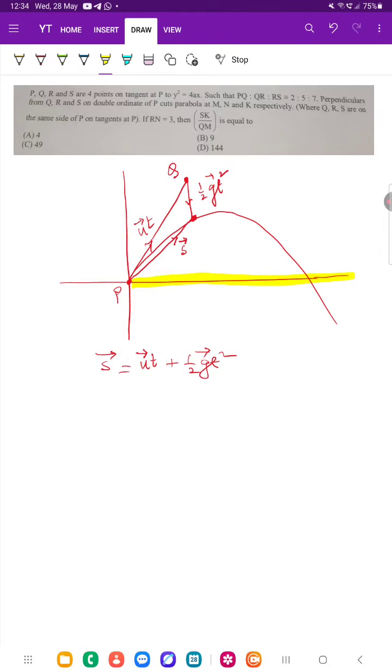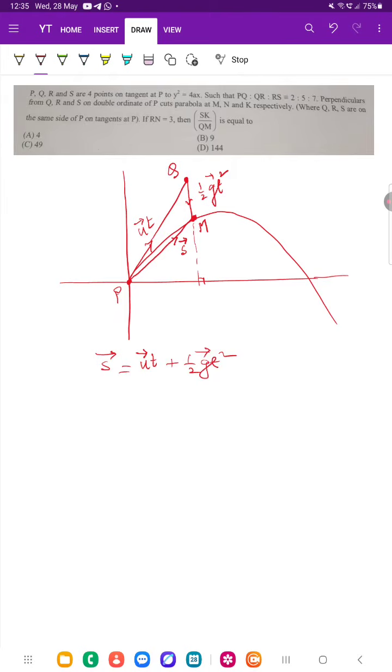As mentioned in the question, I will drop a perpendicular from Q on this double ordinate, and this will intersect the parabola at this point named M. So I am done with PQM in my parabola, which is convenient for my solution.